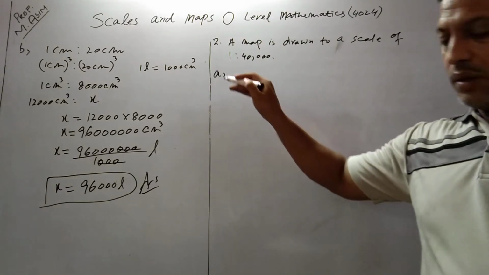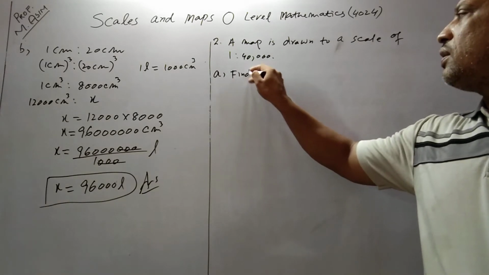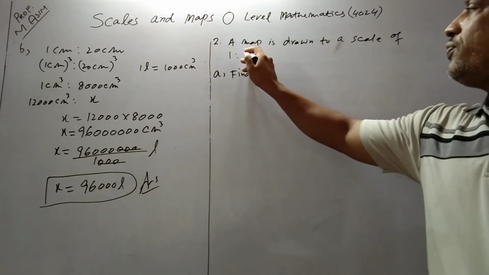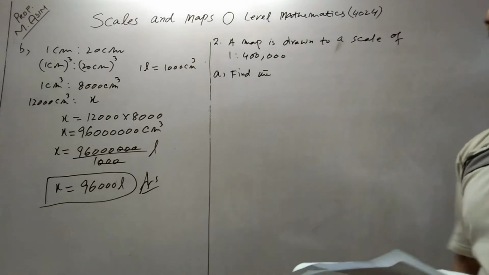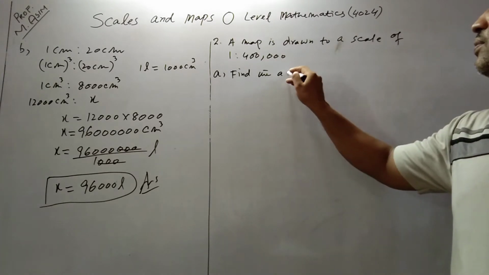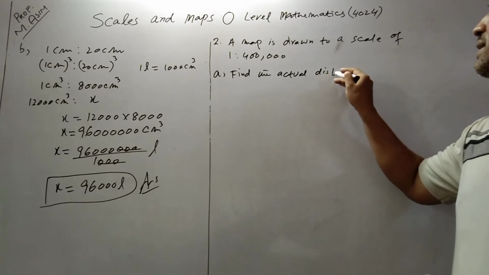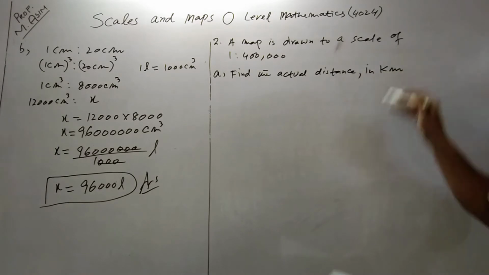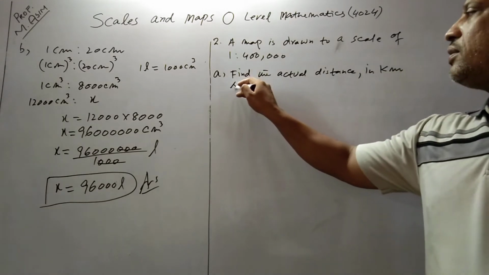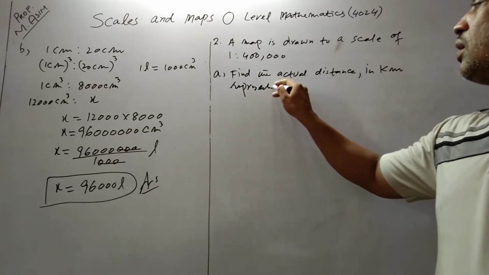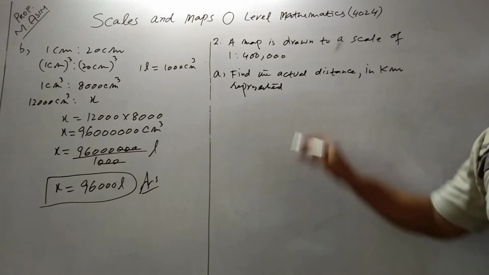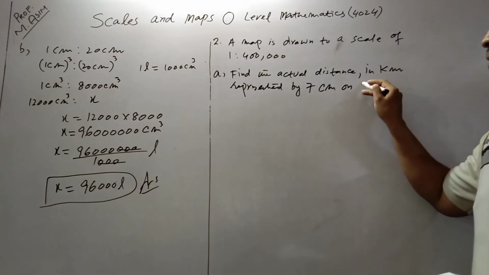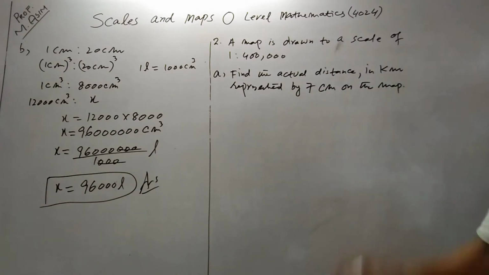Part A. Find the actual distance in kilometers represented by 7 centimeters on the map.